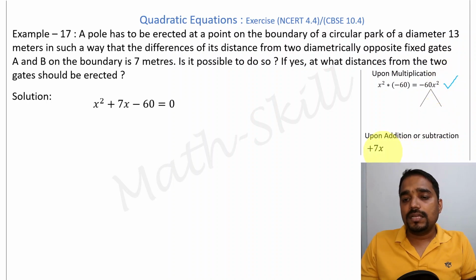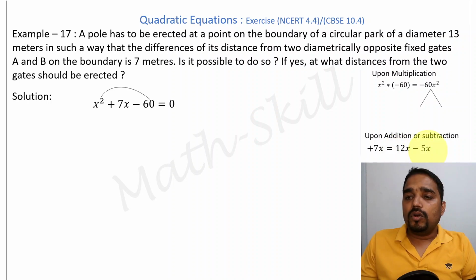In order to get plus 7x, let us take the plus sign for the bigger number, that is plus 12x and minus 5x. Because the bigger number has plus, the answer would have plus, and they get subtracted because of opposite signs.